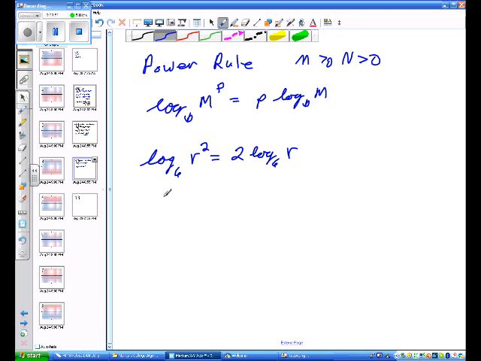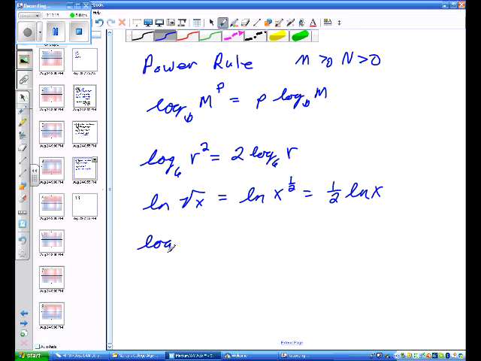We'll simplify it down using these rules. If we had the natural log of the square root of x, well, another way of writing the square root would be x to the 1/2. So using our power rule, this would be equal to 1/2 the natural log of x.